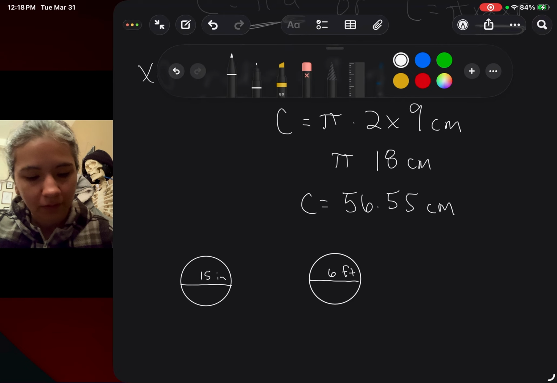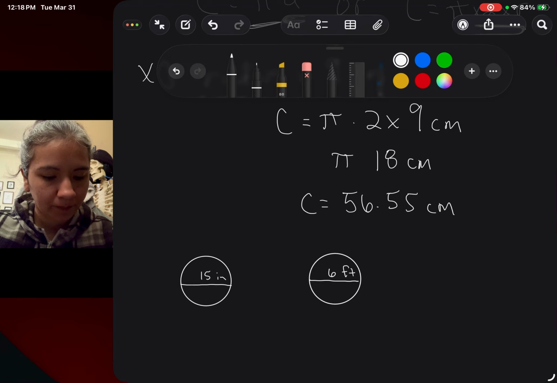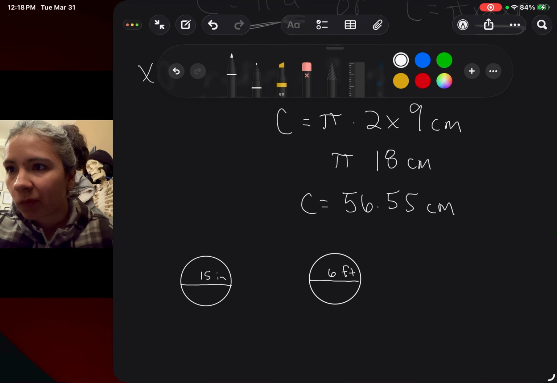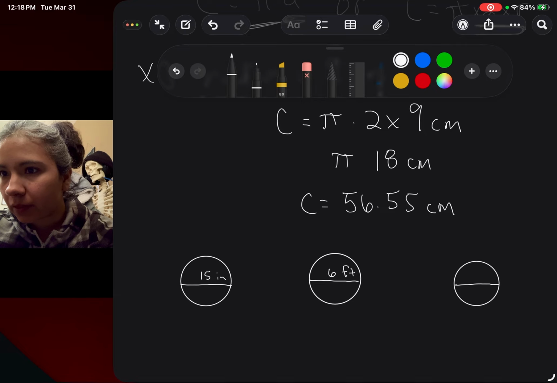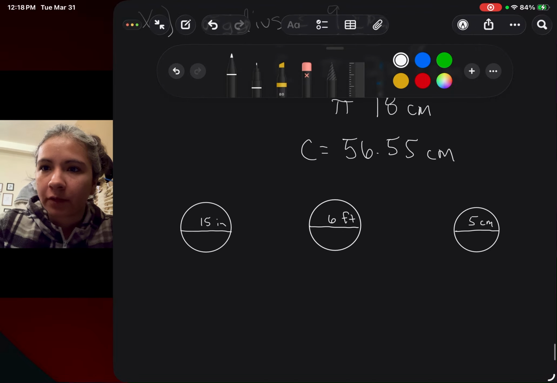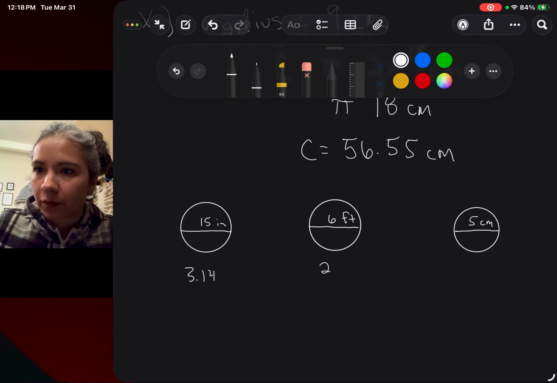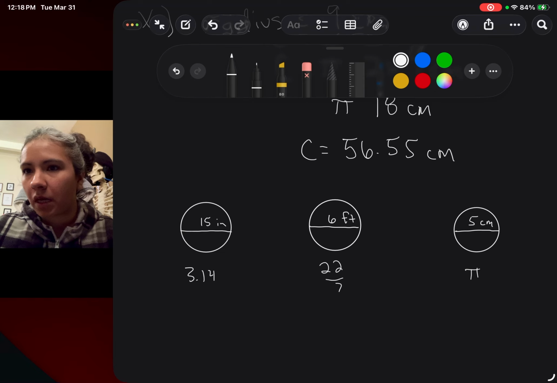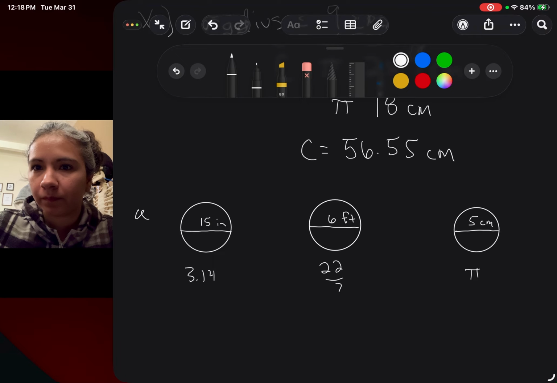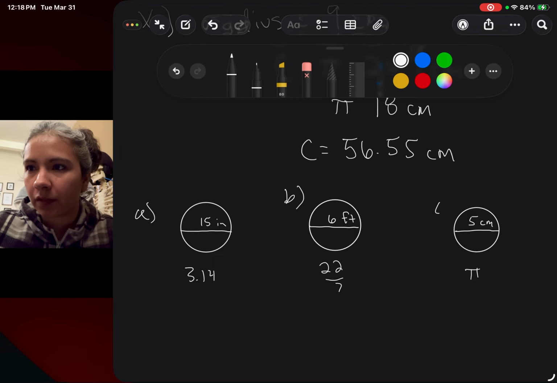And this one as 5 centimeters. These are all diameters, right? For the first one, we're going to use 3.14. For the second, we'll use 22/7. And for the third, we'll use the pi button. Let's do A, B, and C.